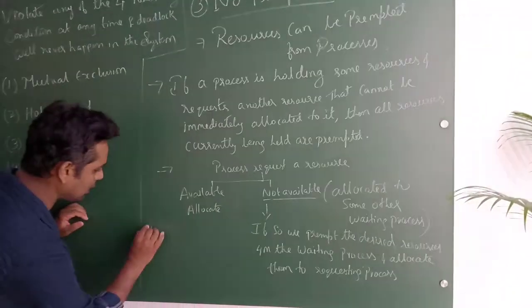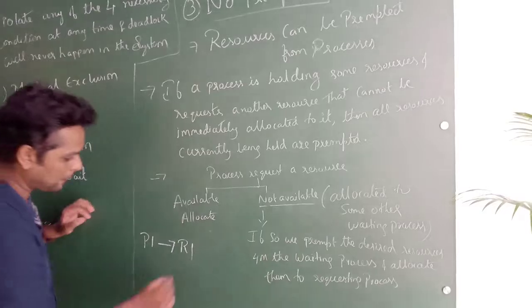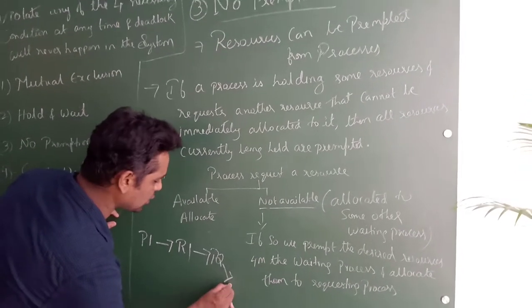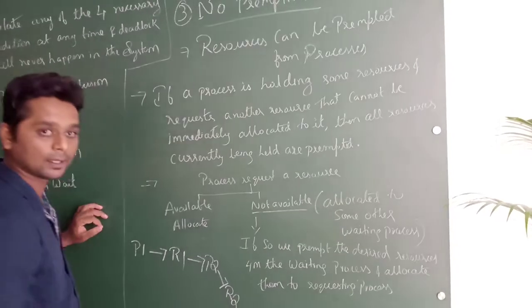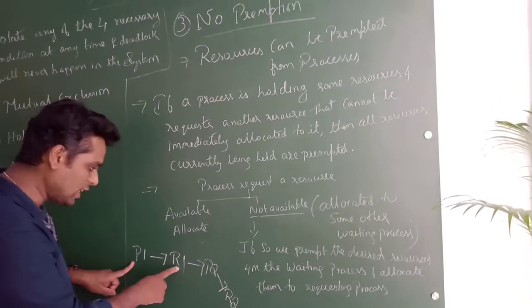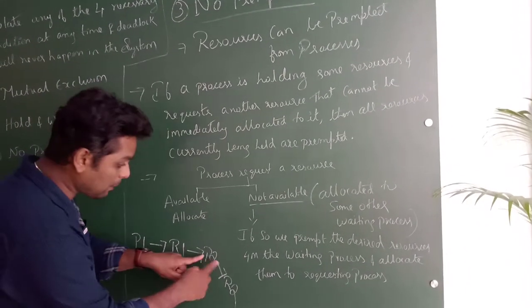Suppose P1 is requesting resource R1, but R1 is held by process P2, and P2 is waiting for some other resources. If R1 is not available, it checks whether the resource is being held by some other waiting process.